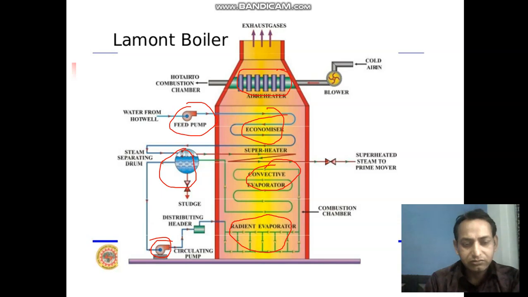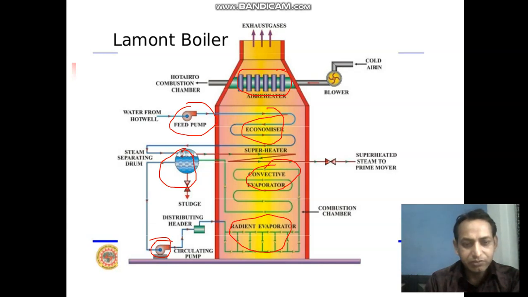The water which is coming from the hot wells is pressed to subcritical pressure and sent to the economizer, where the water temperature increases, and it goes to the separating drum. This separating drum separates the steam at the upper portion and the water at the lower portion.